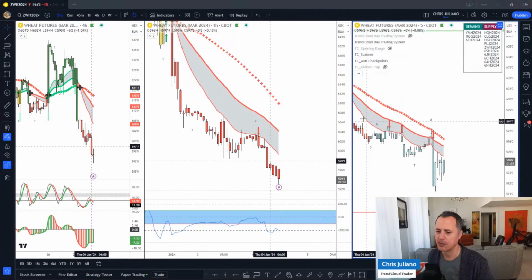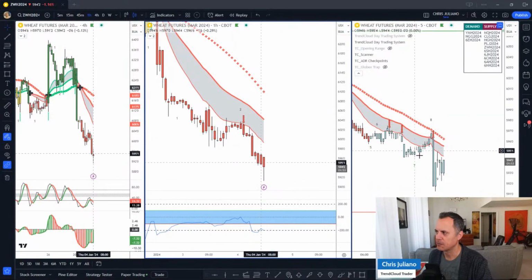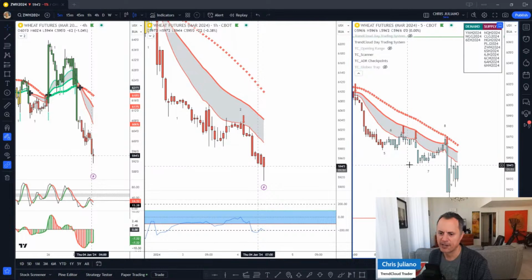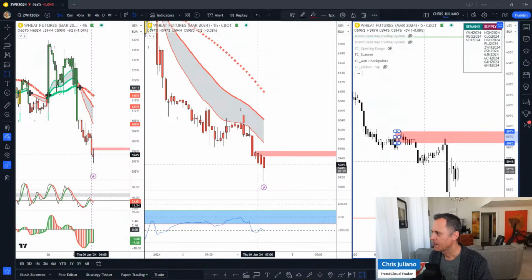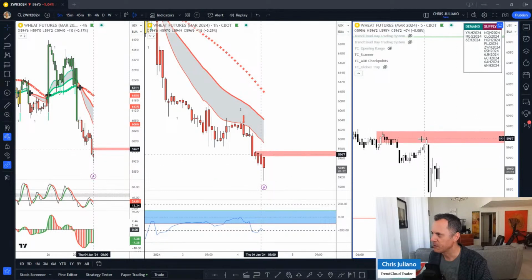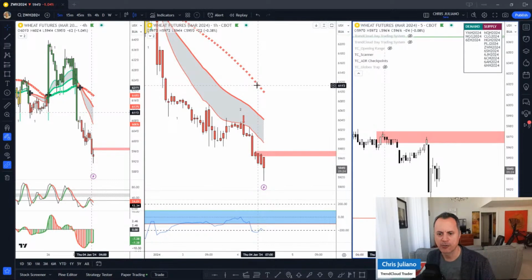What I found was if I took a supply zone, like in this particular case, Javier, let's just turn this off for a second. If you see this here, the pullback that took place into this supply zone took place in a downtrend, number one, on the 1 hour chart.